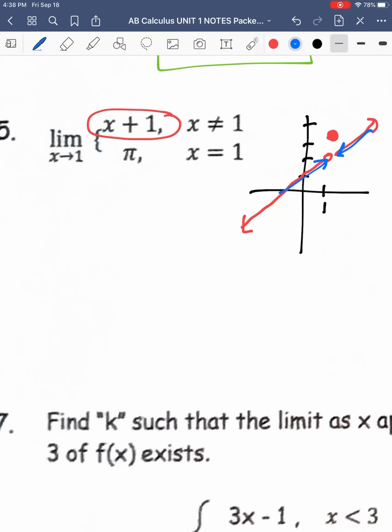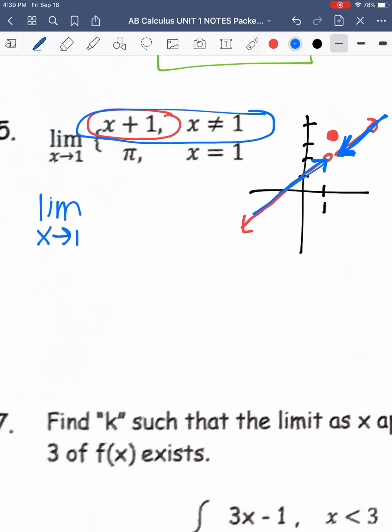Therefore, when we're doing it we don't have to graph it. When we are doing a limit and it is piecewise, and you have the choice to use the does not equal or the equal, we're going to pick the does not equal, because we don't really care what's happening exactly at 1. We care what's happening coming from the left and coming from the right. So we would do this.